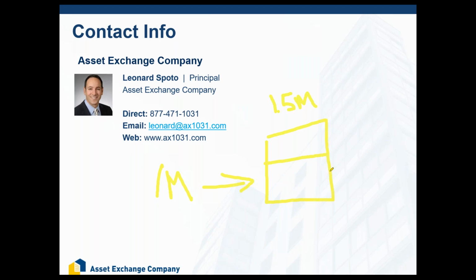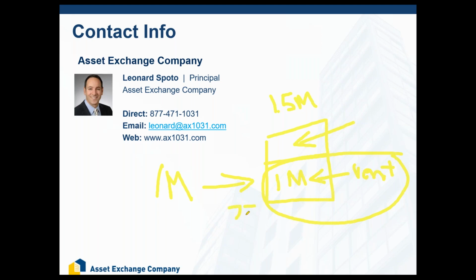The client needs to own $1 million worth of it, all right? And he needs to rent this part out to his daughter who is living in it. The daughter can own this part, but my client, the exchanger, your client, needs to own a percentage of this property.